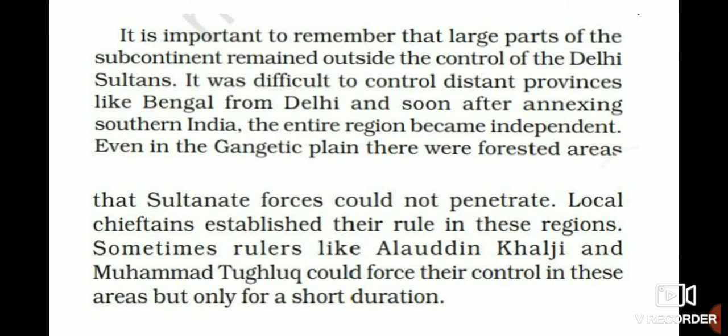They said, we are the king of this specific area. Smaller kingdoms started being established. Sometimes Alauddin Khilji and Muhammad Tughlaq could force their control. They could say, we are Sultan, so you have to follow us. But that was only for a shorter period. Why did it happen? Because it was very difficult for the Sultans to control and administer such a vast empire.